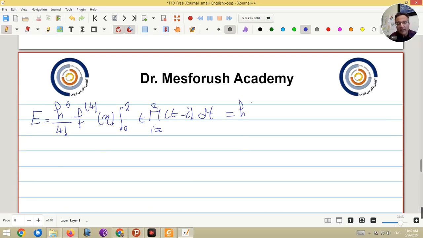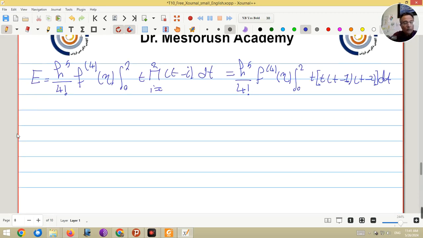So I will get h5 over 4 factorial, the fourth derivative of f at eta, integral 0 to 2 of t times, here I put t minus 0 times t minus 1 times t minus 2. So I will get t times (t minus 1) times (t minus 2) d t.